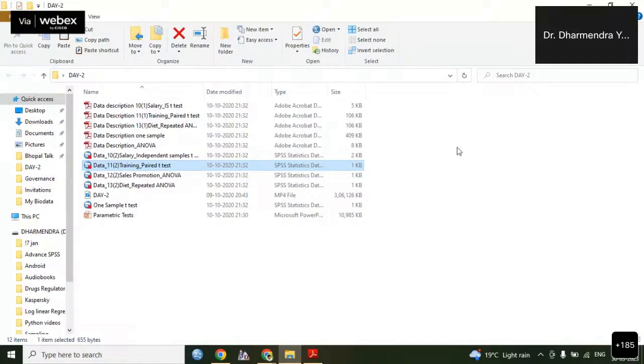But suppose we have more than two groups for testing of means. Suppose one group is from Ayurveda students, one group is allopathic, and some may be homeopathy. So there are three groups, and we want to test whether the average mean knowledge of all these three groups is the same or not.